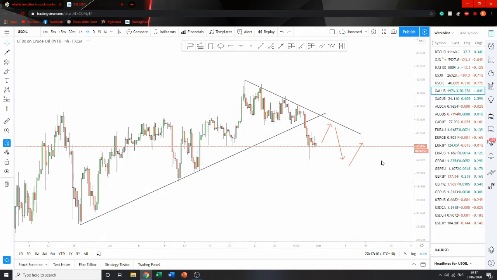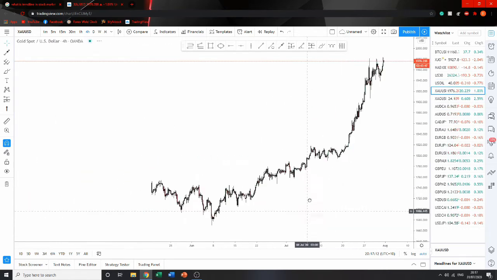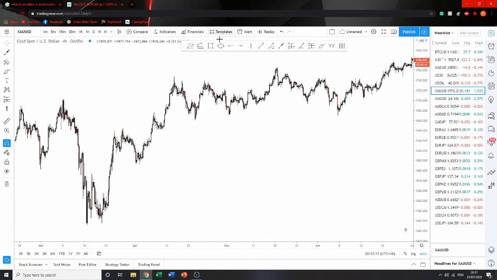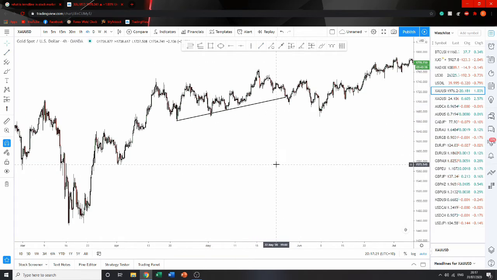So what you need to do is jump on any chart, take your pick, and be able to quickly spot a trend line forming those higher lows.